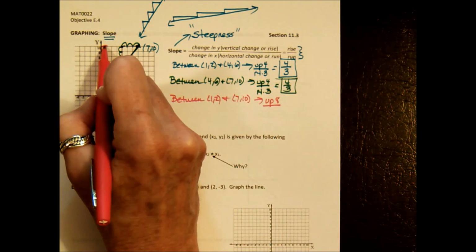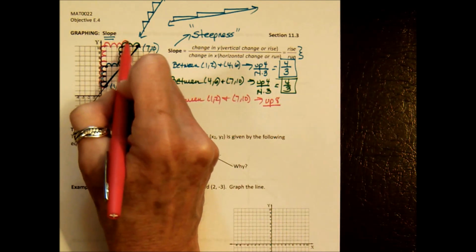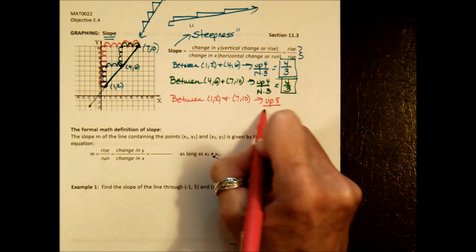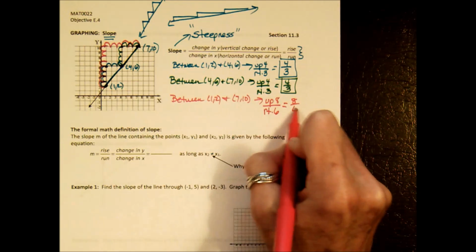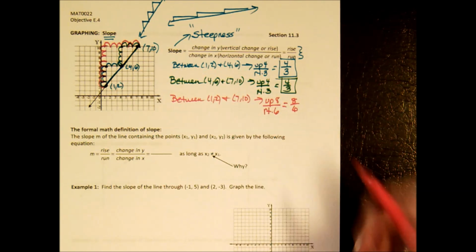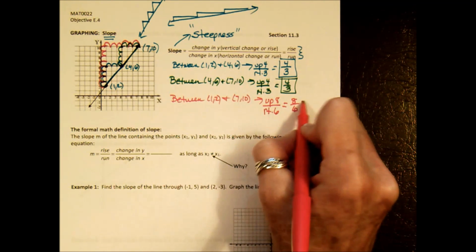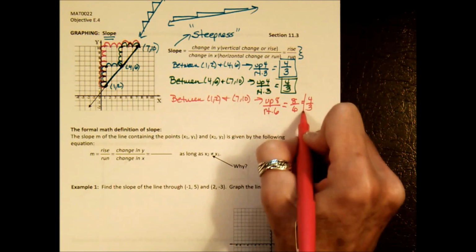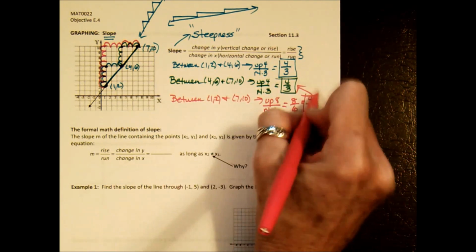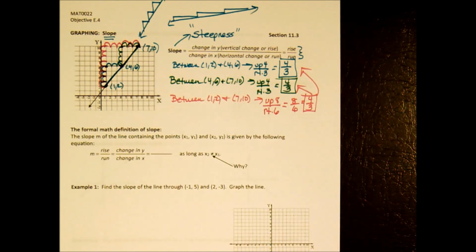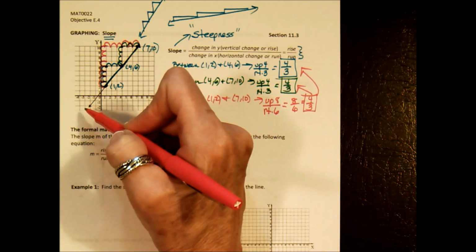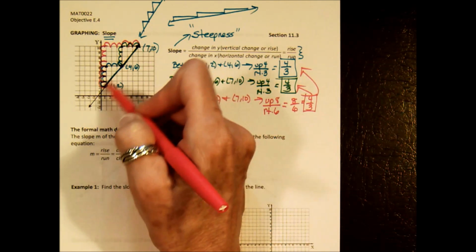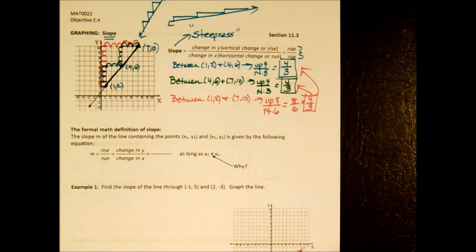And then I'm going to go right 1, 2, 3, 4, 5, 6. I went right 6. So here my slope is 8/6, and it appears to be different until you simplify this. And it simplifies to 4/3, which is the same as the other 2. The point being, it doesn't matter between which points you check for slope. On a straight line, it's always going to be the same.